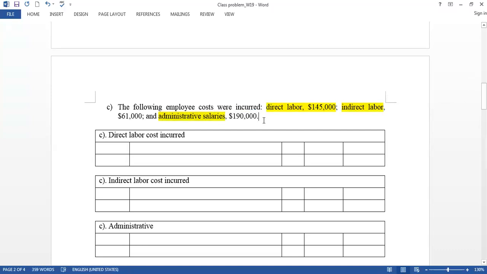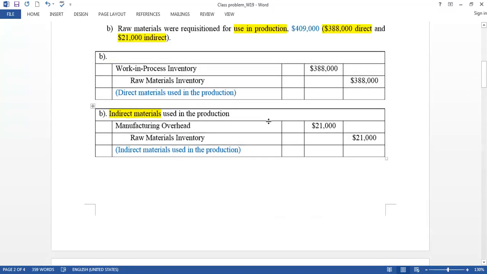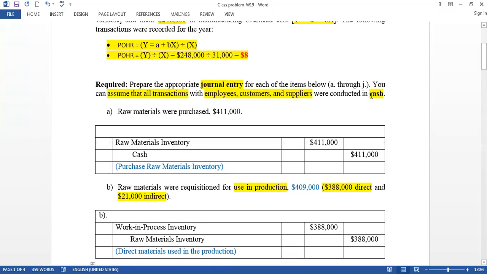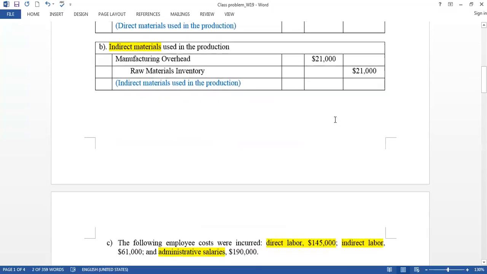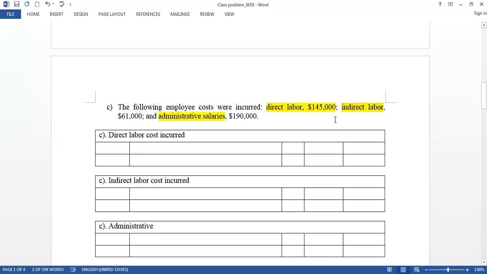So three types of cost already incurred, and the company, according to this question, already paid cash. So direct labor means direct salaries, indirect labor means indirect salaries, and we have office and admin salaries. So these salaries were incurred and paid in cash according to this question.